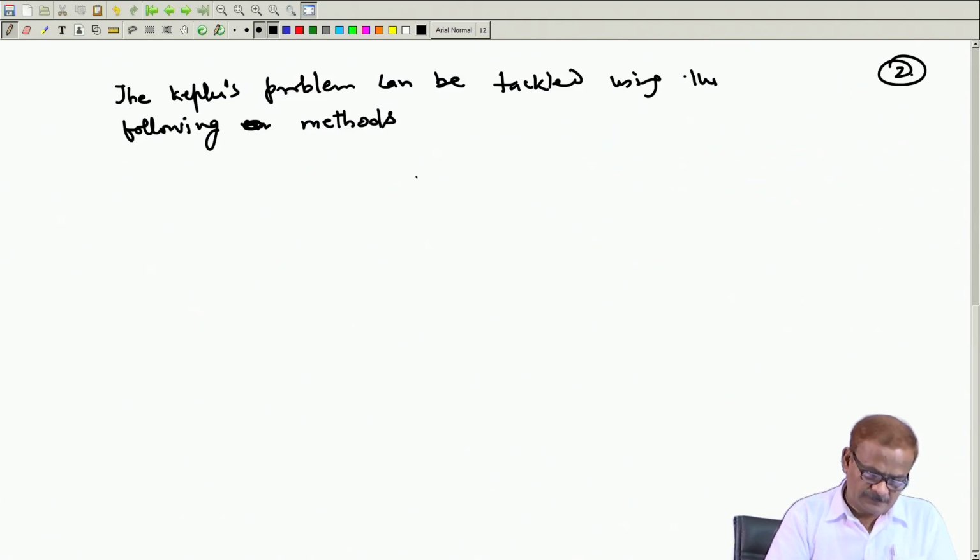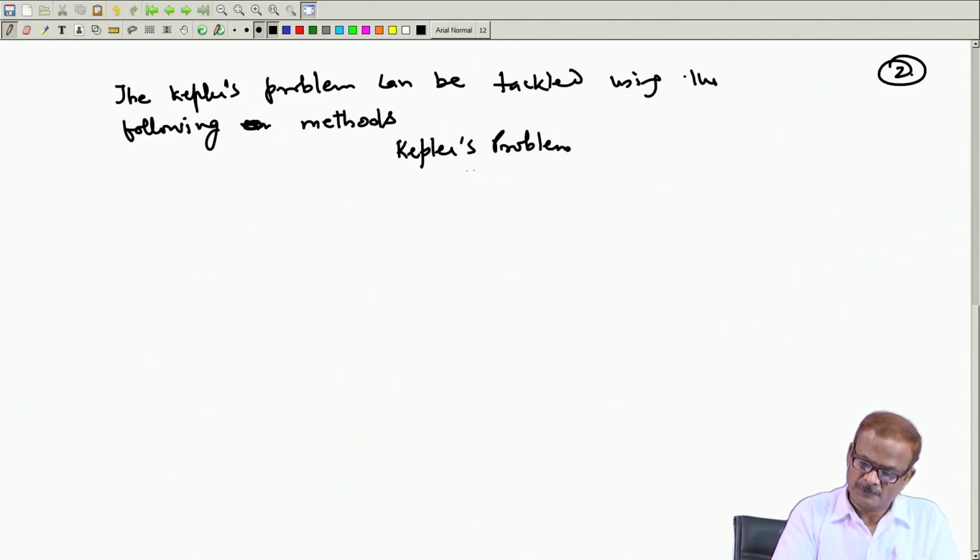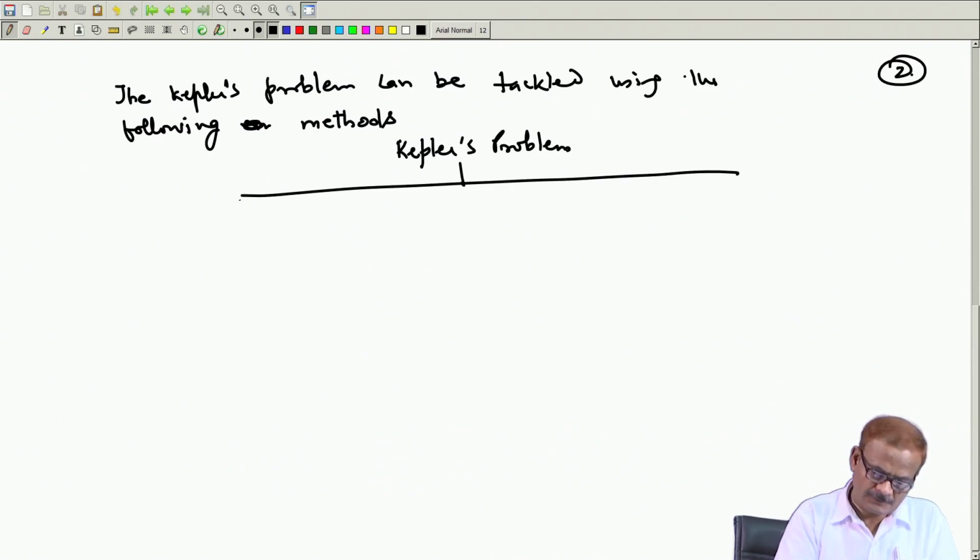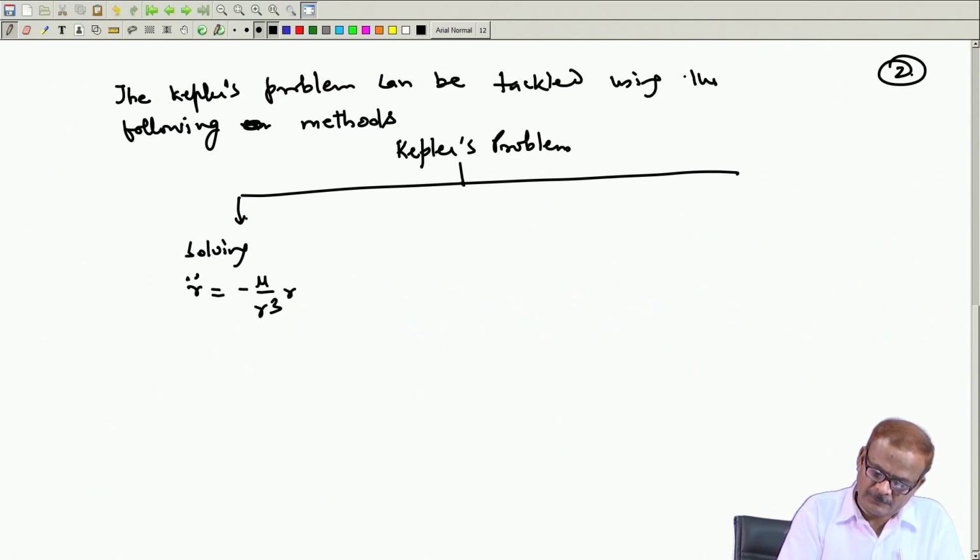It can be dealt with, say for the simple case, by solving r double dot equal to minus mu by r cube times r numerically.